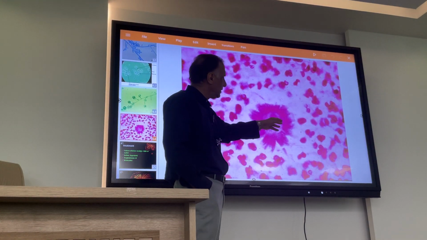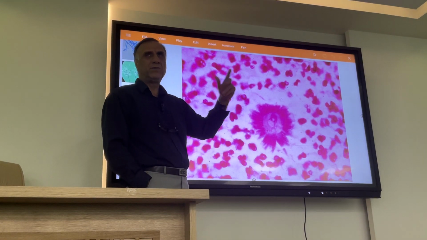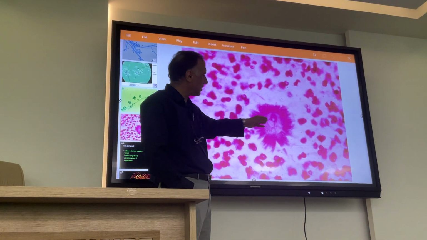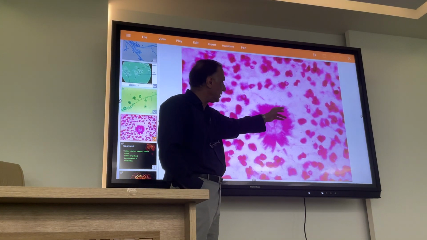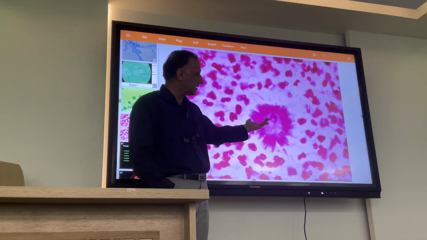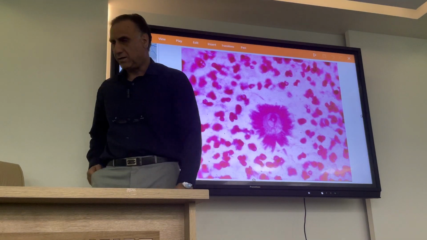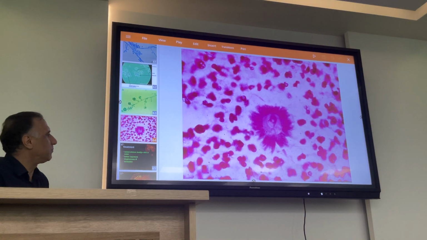Really, it is an immunologic reaction between antigen of the microorganism and antibody, a complex around the microorganism. It's like a star and is well known as asteroid body.